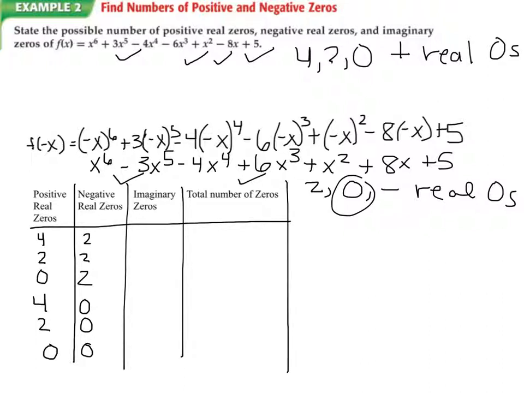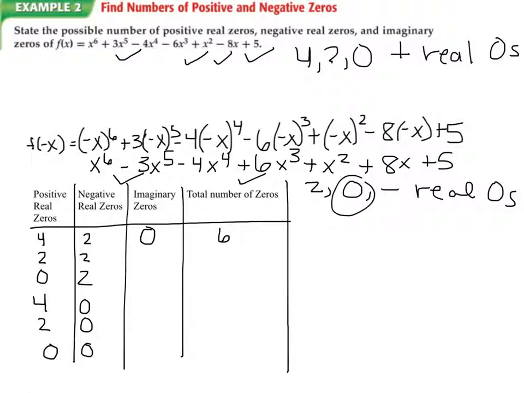That gives me every possible combination of the things that I came up with. And then since we know that the total of numbers needs to be 6 each time, we know that the imaginary zeros has to make us go up to that 6. So here if we have 4 positive real zeros and 2 negative real zeros, then we know that we're going to have 0 imaginary zeros because it has to add up to 6, and 4 plus 2 is 6.